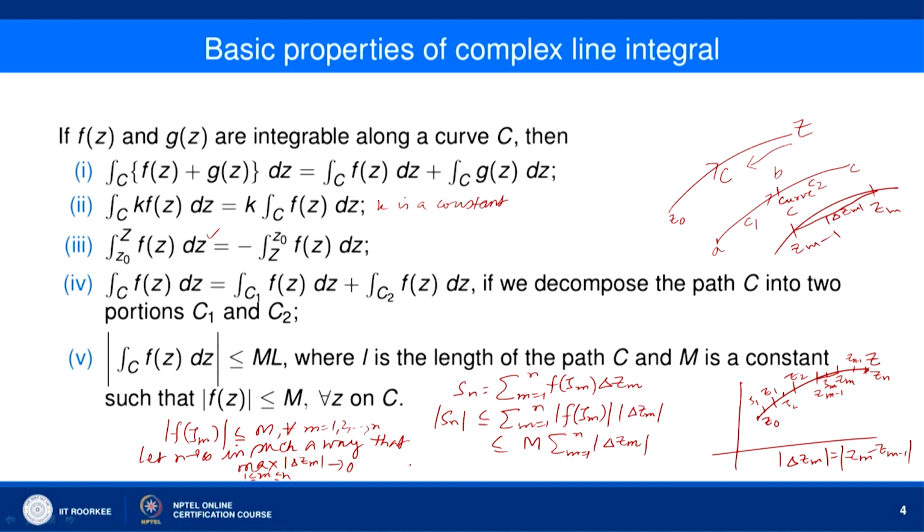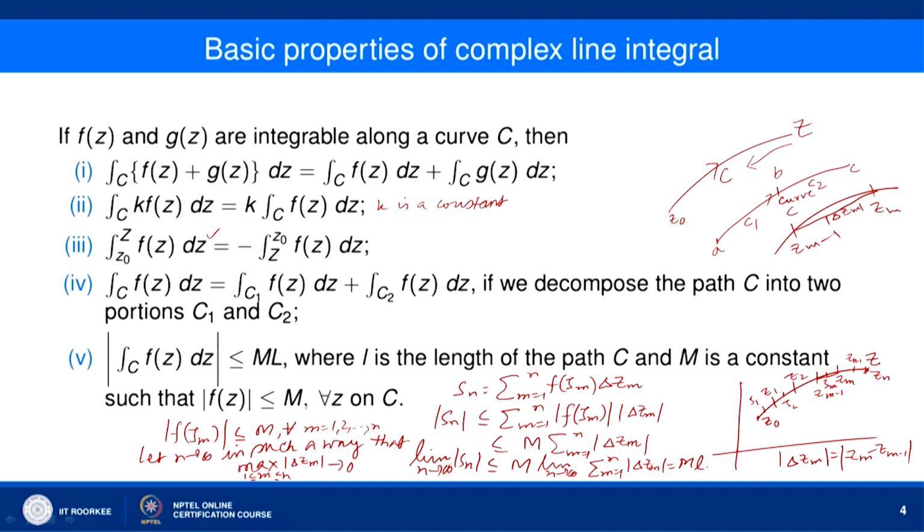Then what will happen? Limit n tends to infinity, mod of Sn will be less than or equal to M times limit n tends to infinity sigma m equal to 1 to n mod of Δzm. This will be equal to M times L. That is, the sum of the lengths of the chords will tend to the length of the curve C.